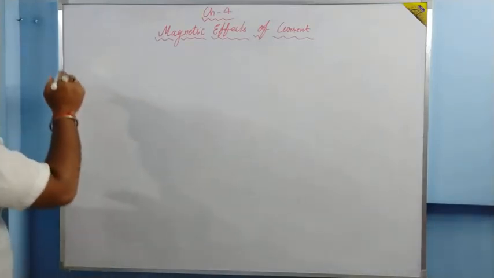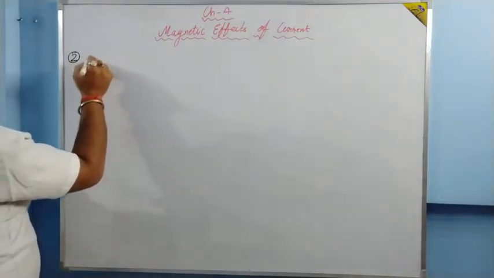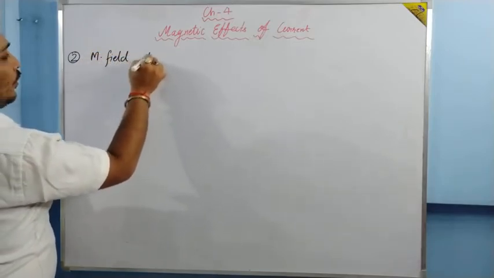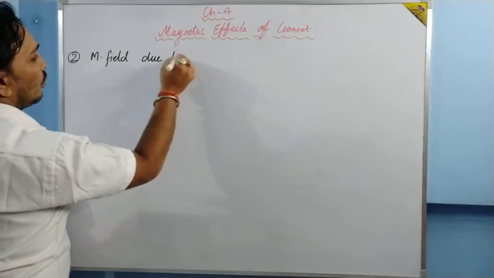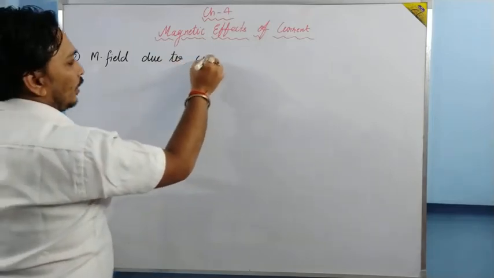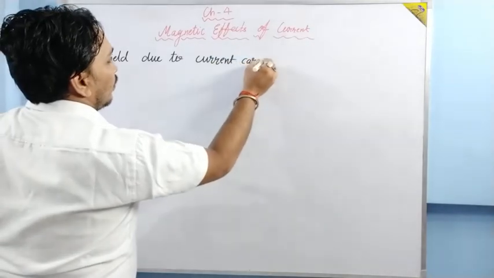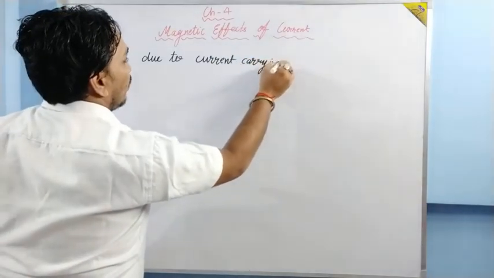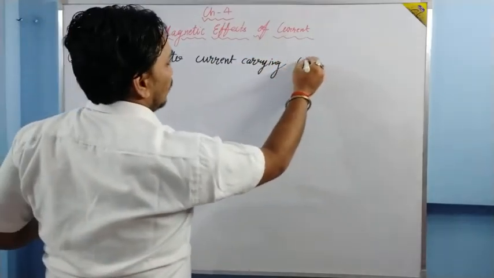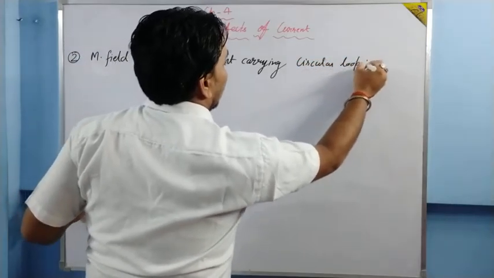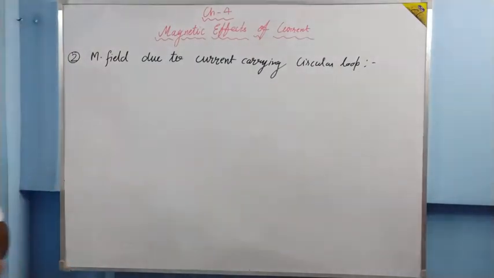So basically this is the second application of Biot-Savart law, and it is the magnetic field due to a current carrying circular loop.